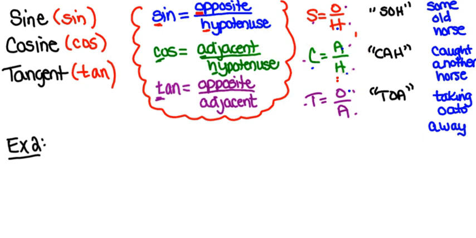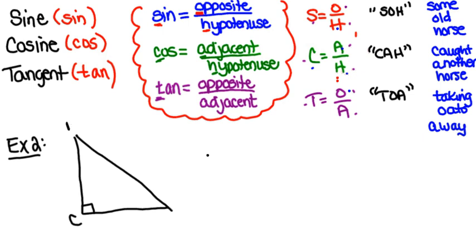On my paper for example 2, I'm going to draw a right triangle. In my right triangle, I'm going to make angle C be the right angle. So side AB is the hypotenuse.